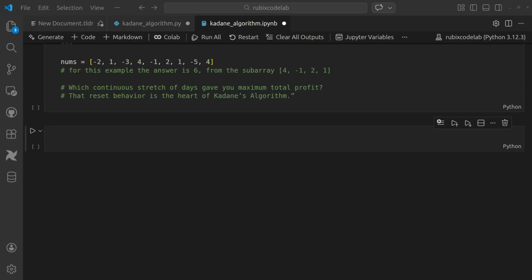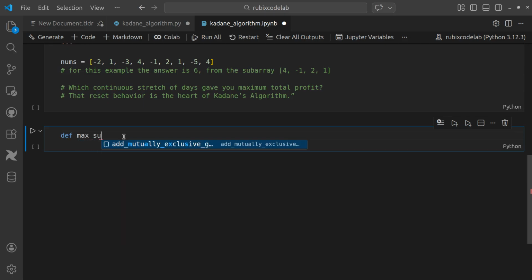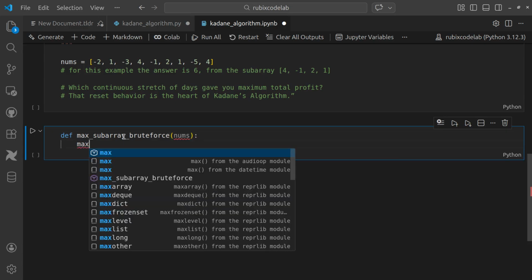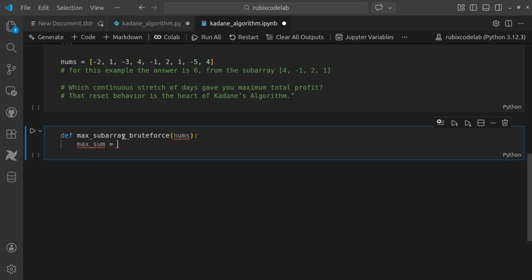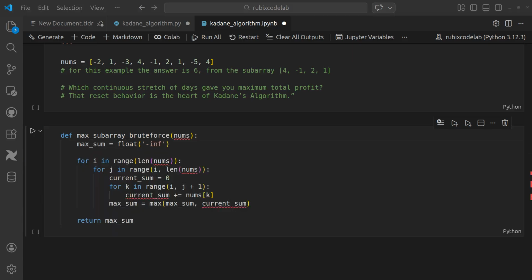So let's go into a brute force approach. We'll try every possible starting index, right?